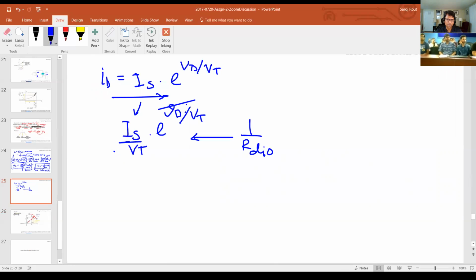If you remember this quantity here, I'm just going to write it again. This is nothing but ID over VT. And that's equivalent to, or I can write it as, the R diode, the small signal resistance.